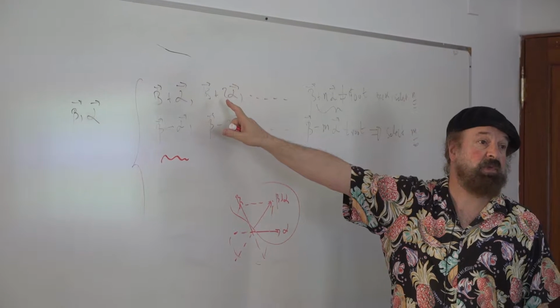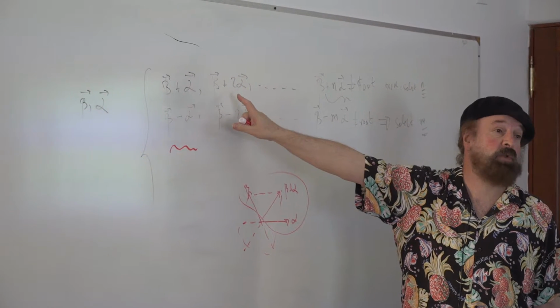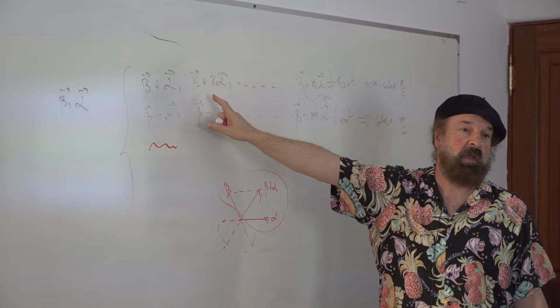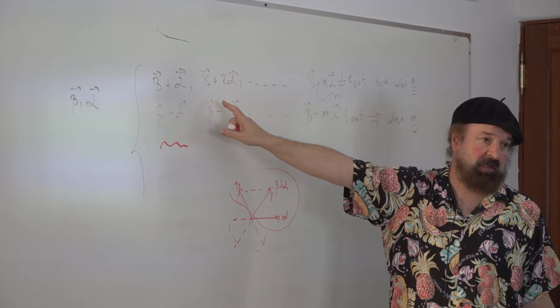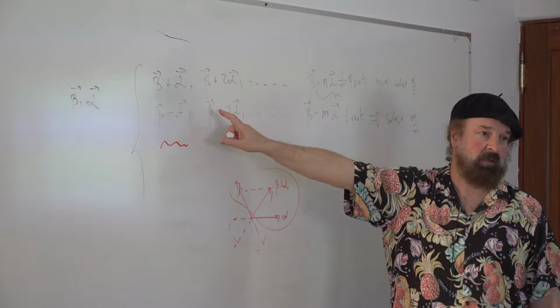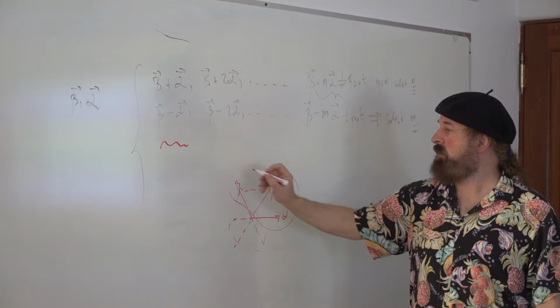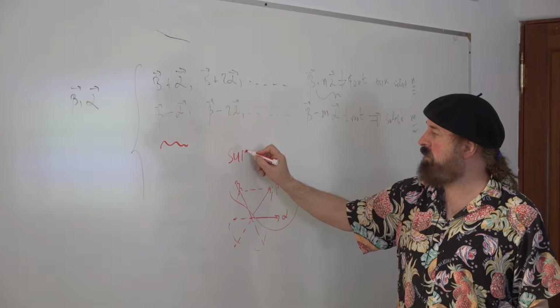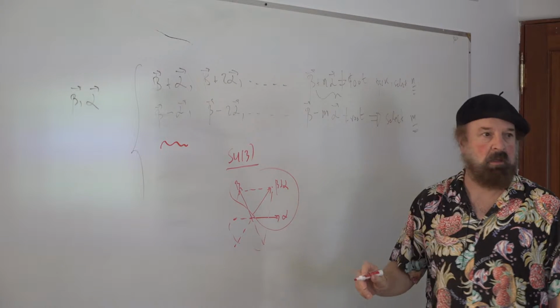Now for SU3. SU3 has rank 2. So you have 2 Cartan generators and six roots which are not Cartan. So 6 plus 2, this is related to the SU3 algebra. That's the G one.